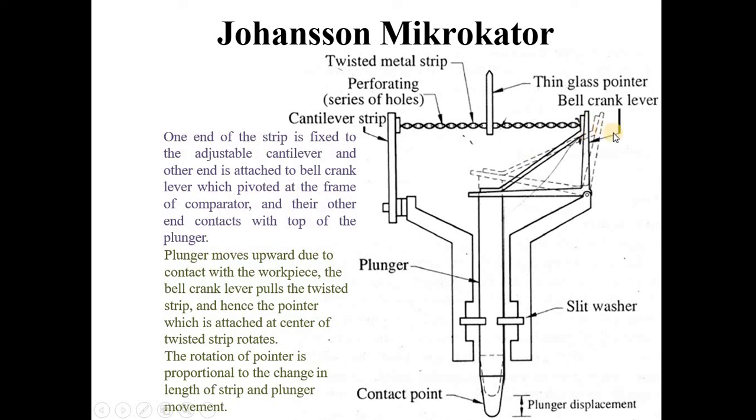Hence the pointer, which is attached at the center of the twisted strip, rotates. The rotation of the pointer is proportional to the change in length of the strip and the plunger movement.